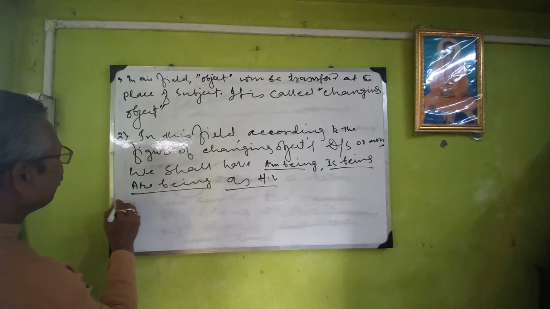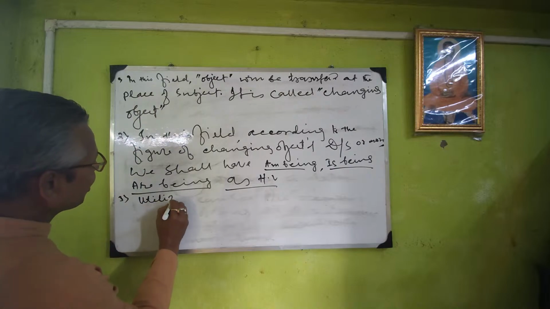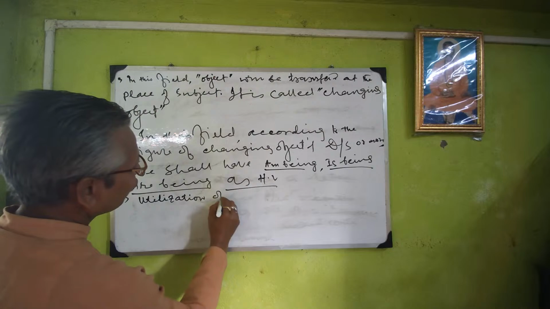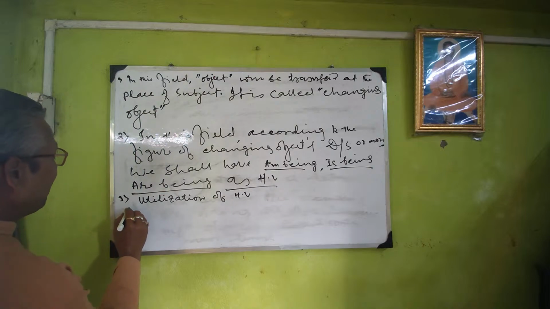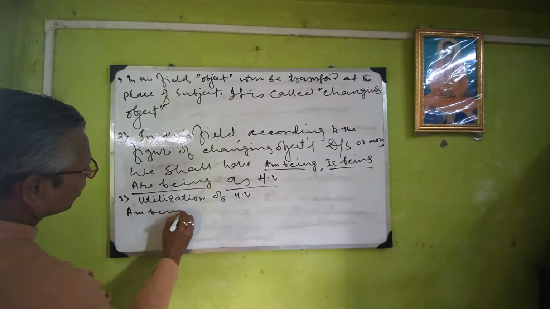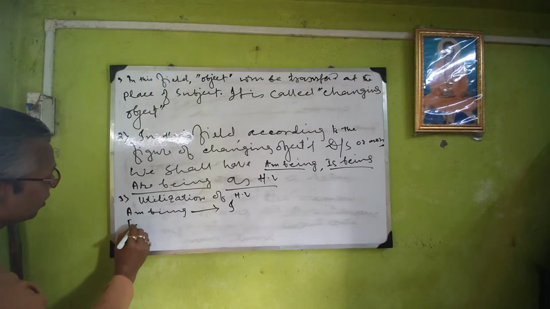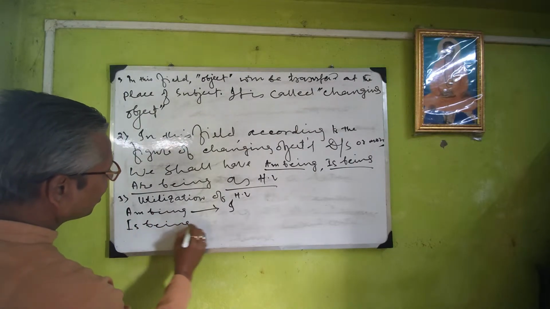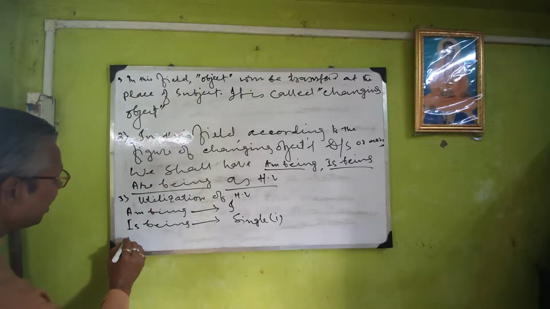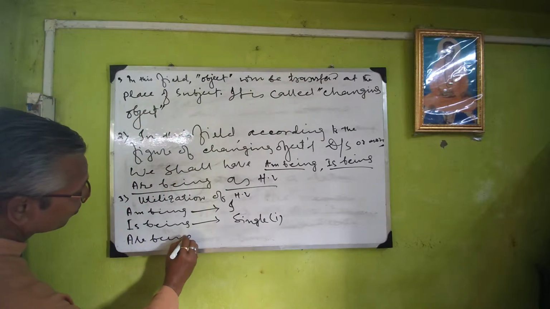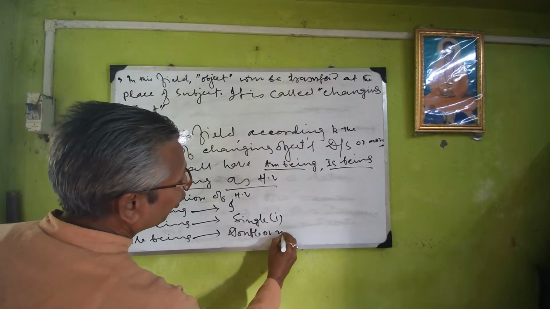Next, utilization of HV. You see, am being, arrow hyphen I, is being, arrow hyphen single, are being, arrow hyphen double or more.